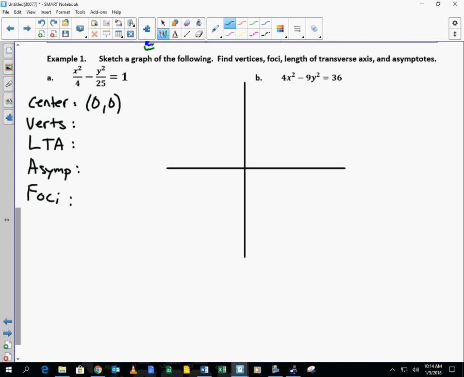I'm going to make my box, the ghost box, right away. It's perfect. It helps me out. How many units do I stretch the box in the x direction? 2. How about the y direction? 5. So if I go over 2 in each direction, I go up 5.